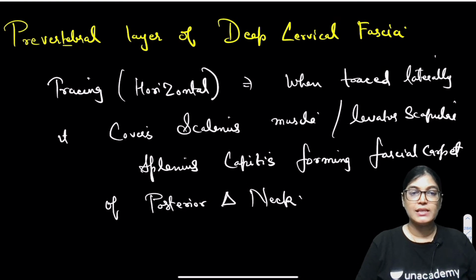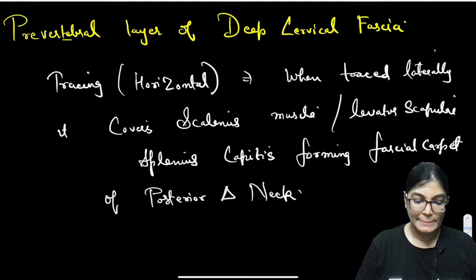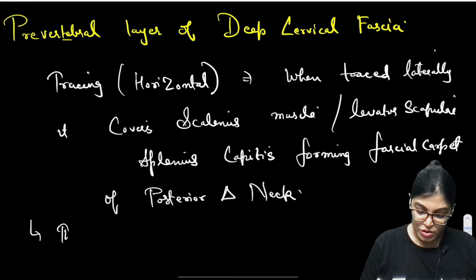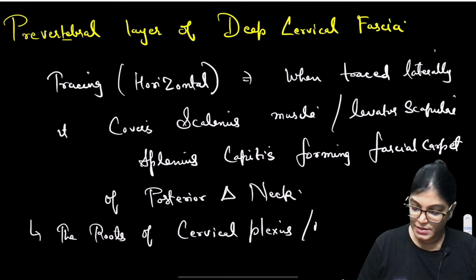It forms a fascial covering for the posterior triangle of the neck. The roots of the cervical plexus and that of the brachial plexus lie deep to it.